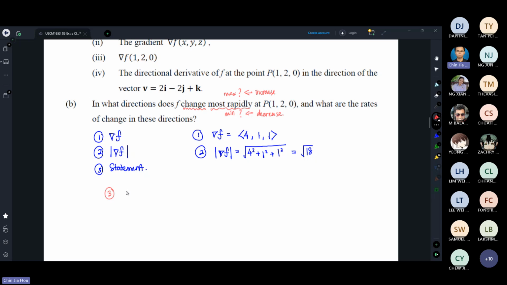How to write the statement in the case of max or the case of increase.